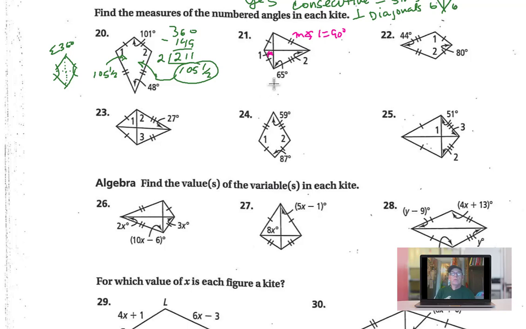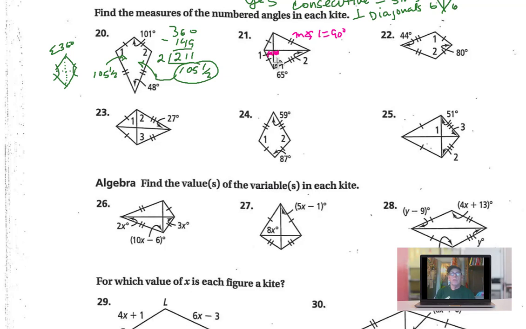Now angle 2, let's see what we got. This is a 65. I was trying to go around this way, but there's not enough information to find out these angle measures. But if we go this way, this is a 90-degree angle also, because it's a linear pair.